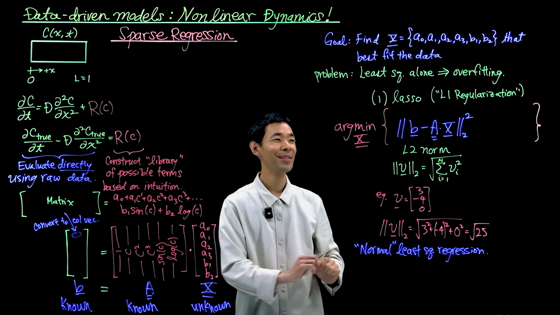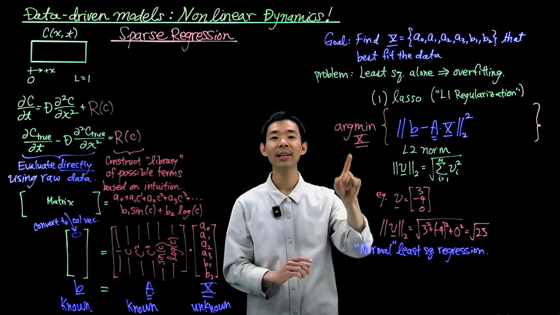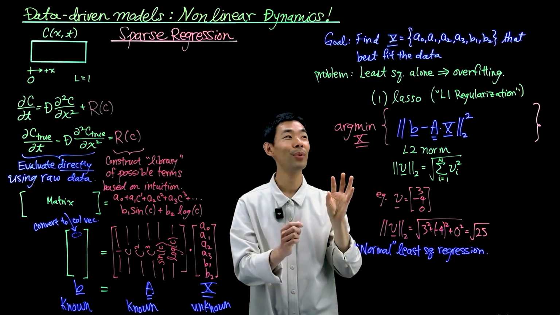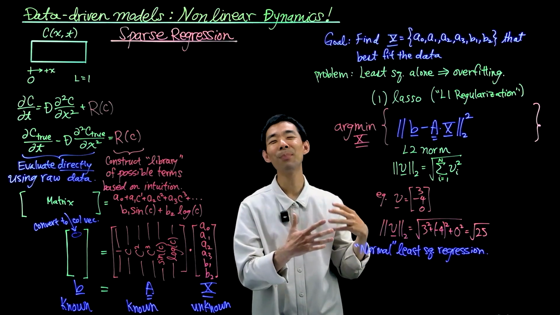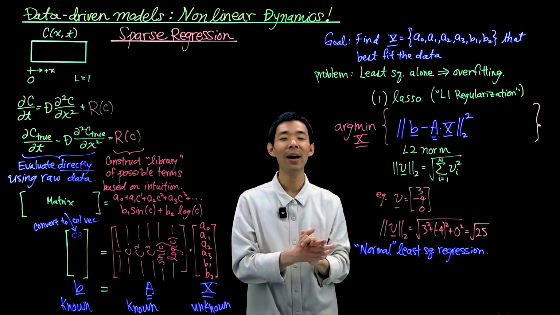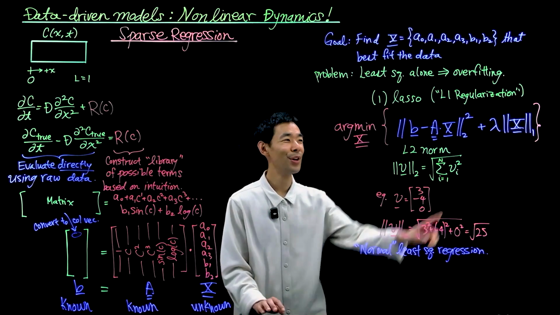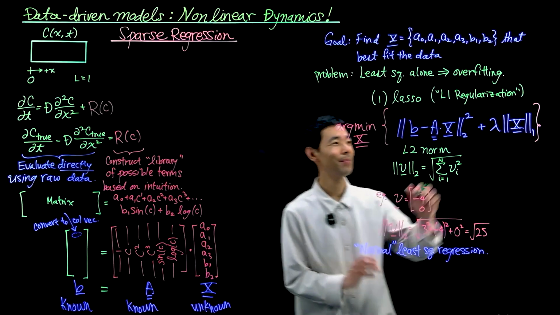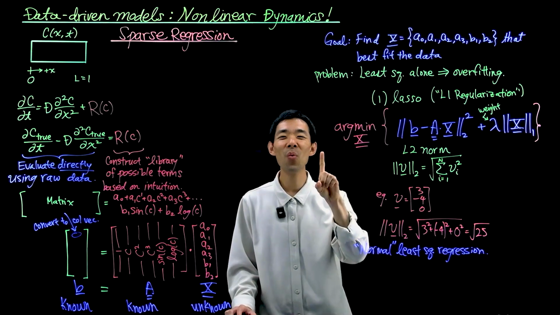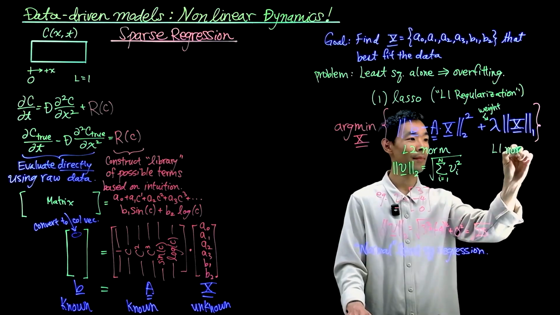So that's normal least squares, but lasso is different. Lasso has a second term that penalizes overfitting. And that term looks like this. What we do is we add another term, lambda, which is called the weight, times the 1 norm of the coefficient vector x.